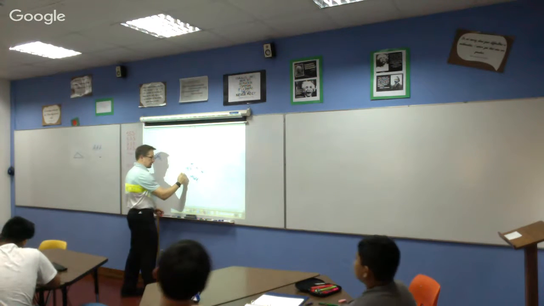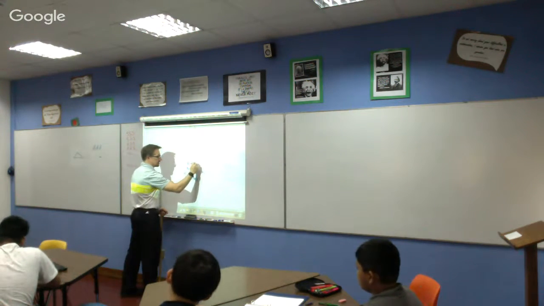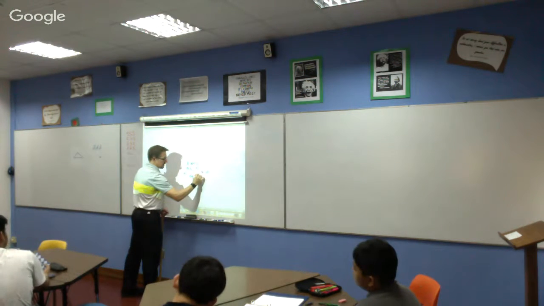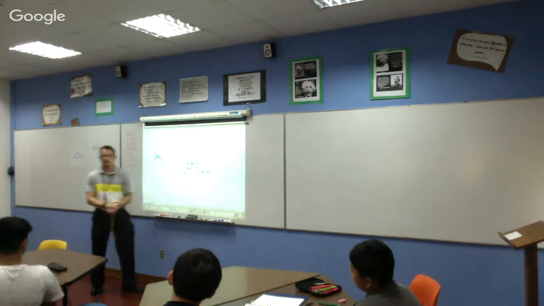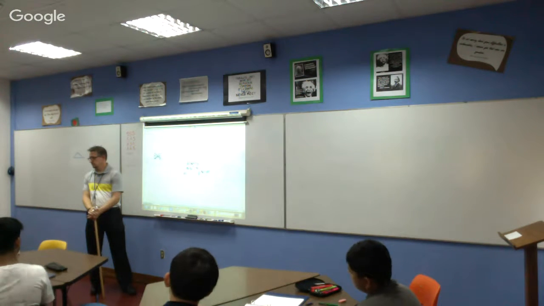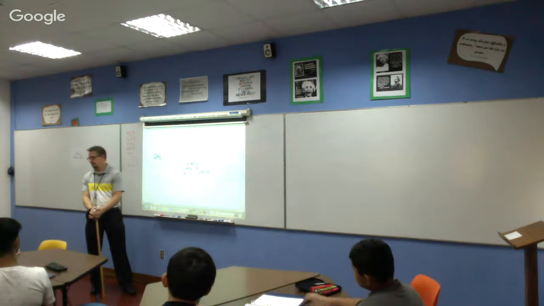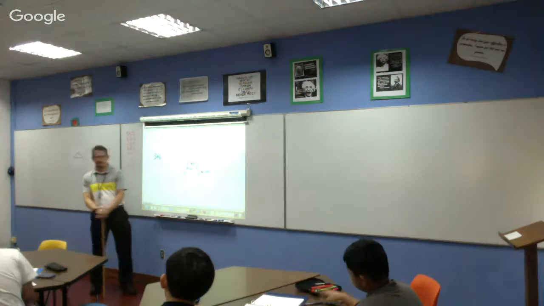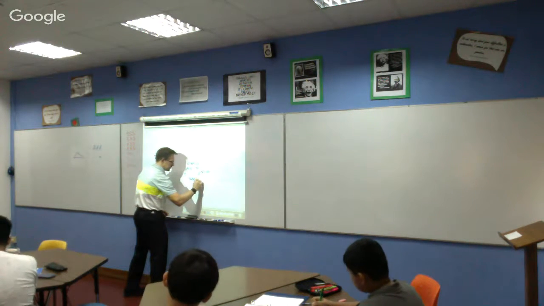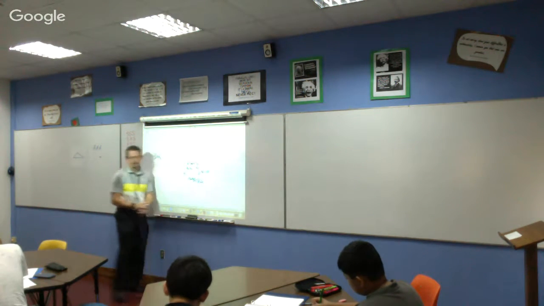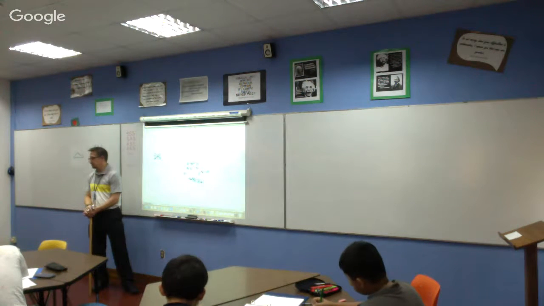So, A, B, C, D, E, and F. Can we say triangle ABC is congruent with triangle DEF? What vertex is going to match up with A?